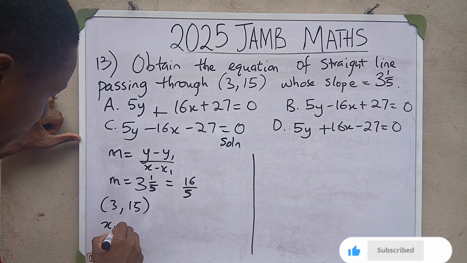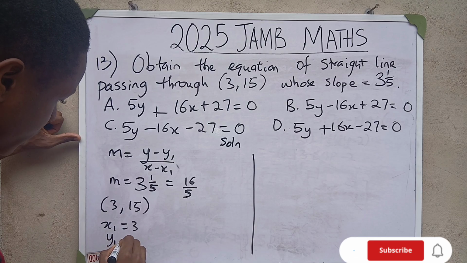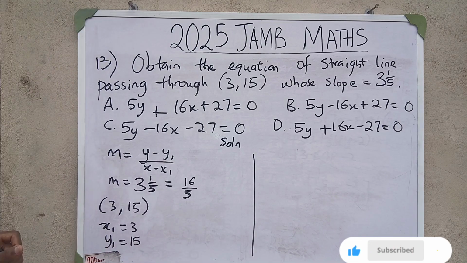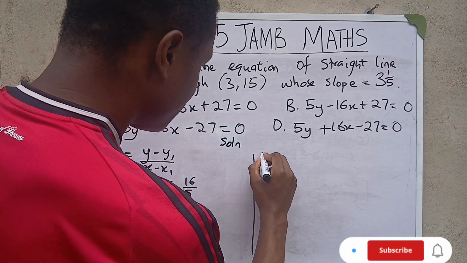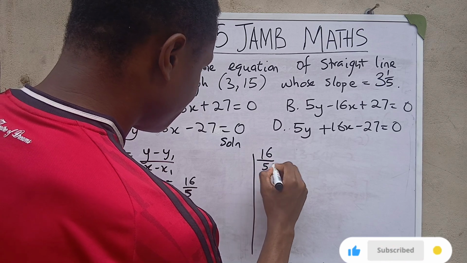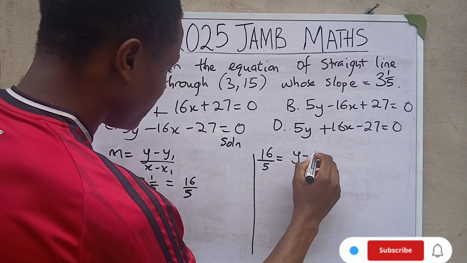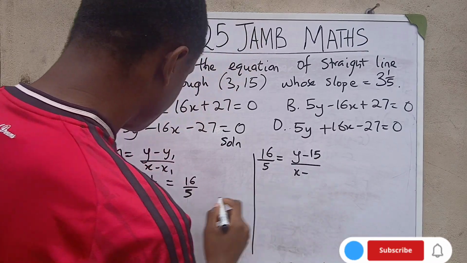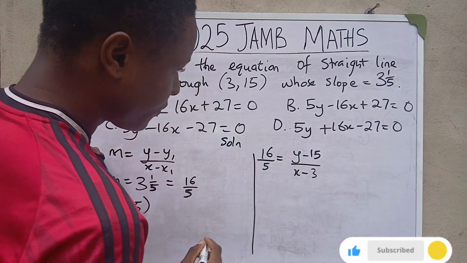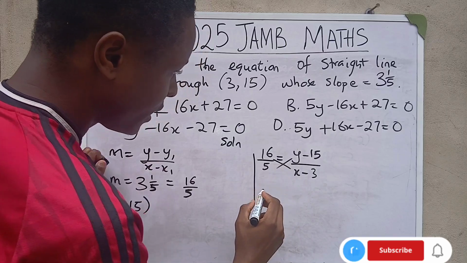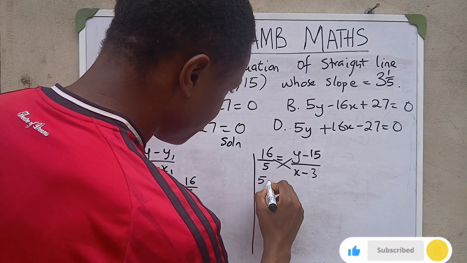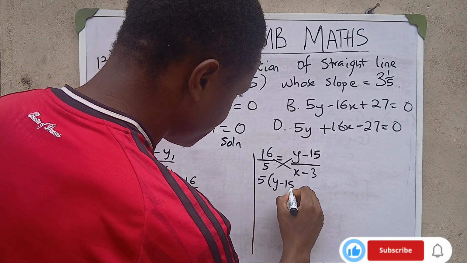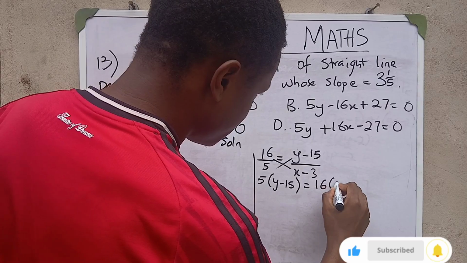So our x1 is 3 and our y1 is 15. So putting it here, we have 16 over 5 is equal to y minus 15 all over x minus our x1, which is 3. So cross multiplying, we have 5 into y minus 15 is equal to 16 into x minus 3.